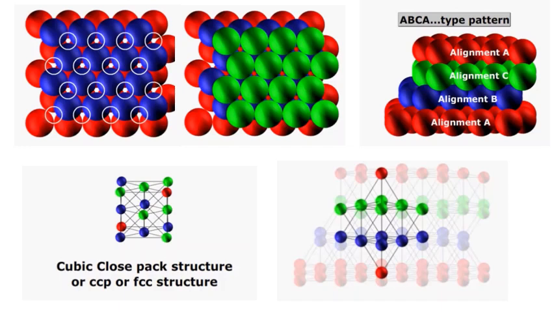As you can see, the third layer alignment is different from the first layer alignment and the second layer alignment. We call this alignment A, B, C, and then repeat the same scenario A, B, C.